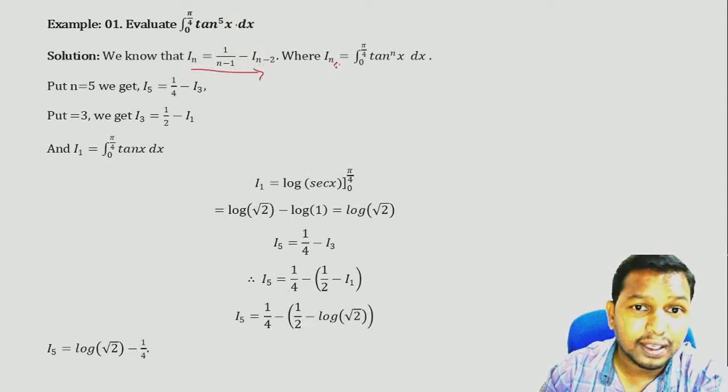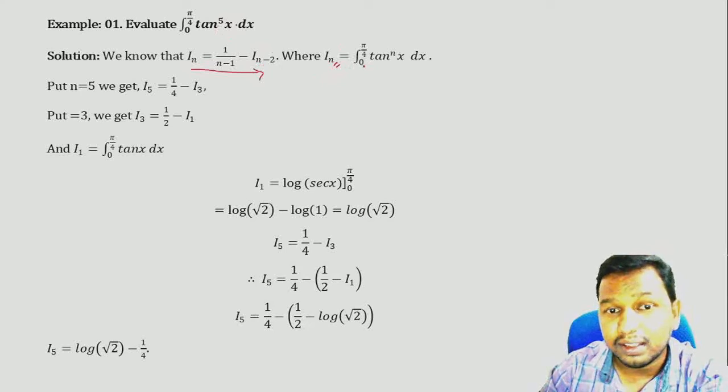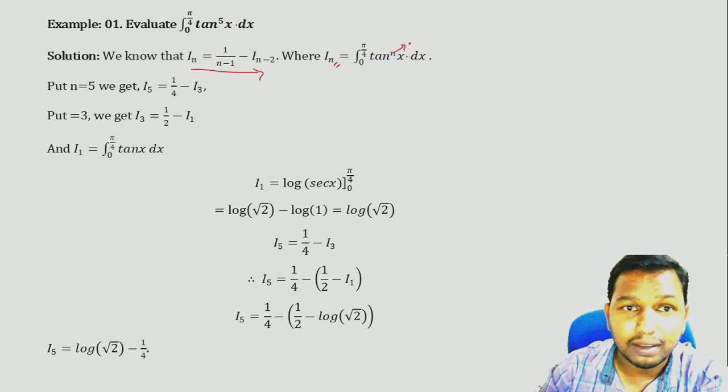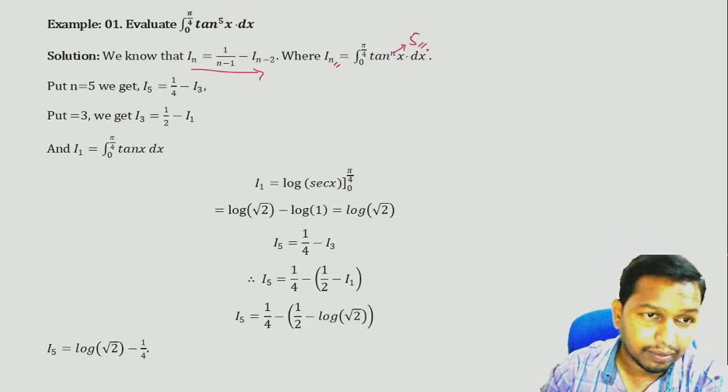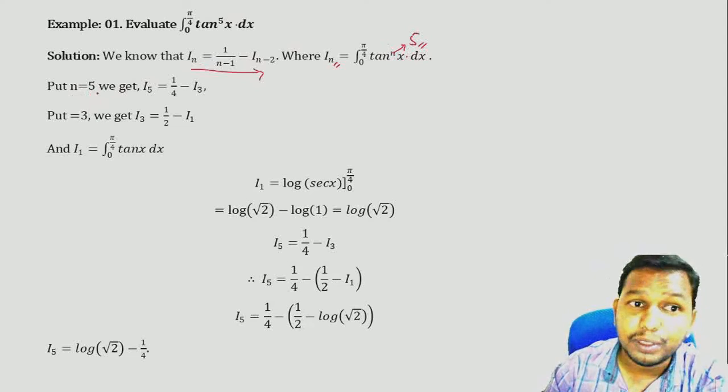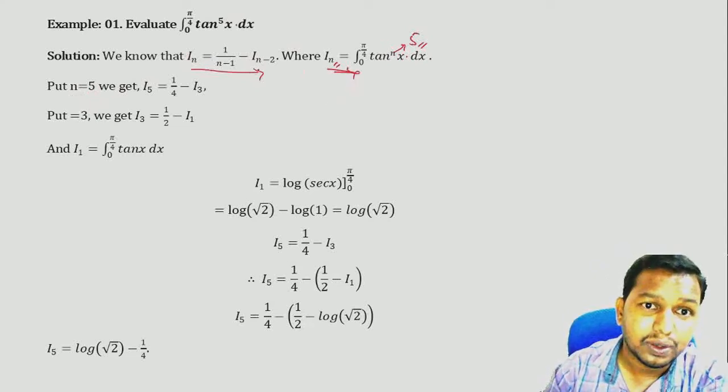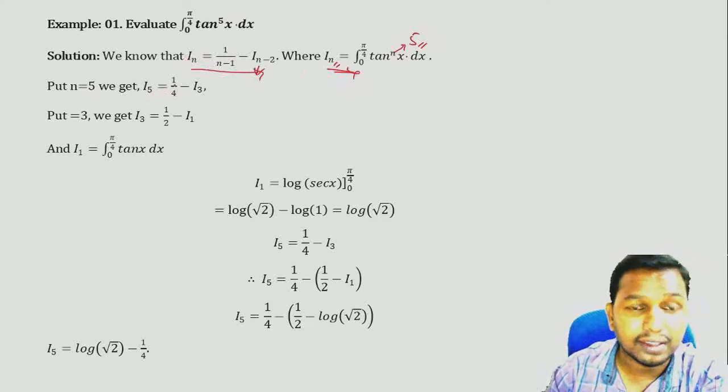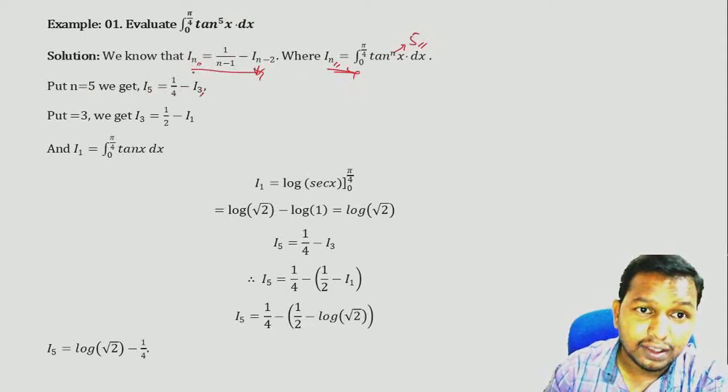So where I_n is nothing but our given integral, that is integral from 0 to pi by 4 tan to the power n x dx, where n value is 5 they given. So if we substitute 5 in our I_n, this formula is reduced to I5 is equals to 1 by 4 minus I3.